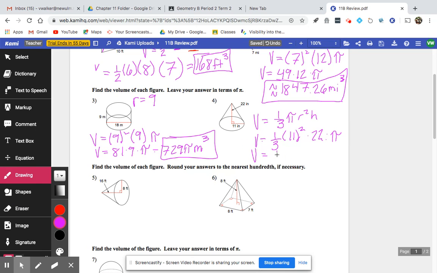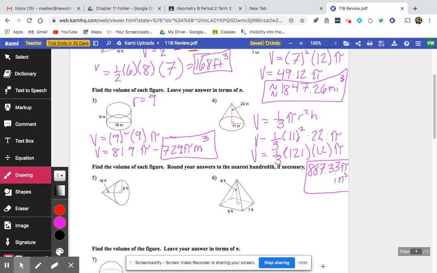So we have V equals 1/3 times 121 times 22 times pi. 121 times 22 divided by 3. I'm going to use decimal here. We have 887.33 pi inches cubed. And that's for number 4.